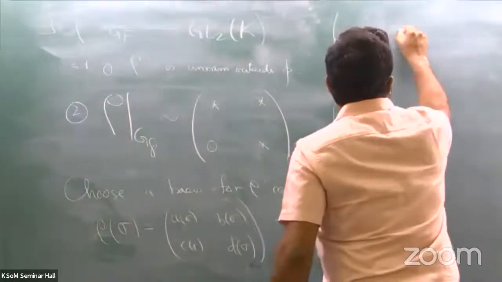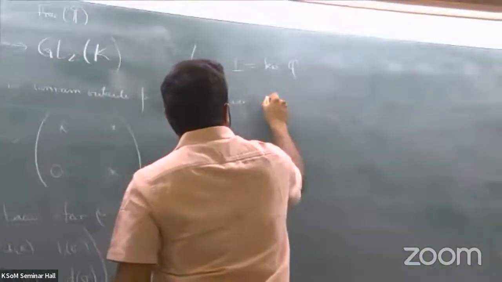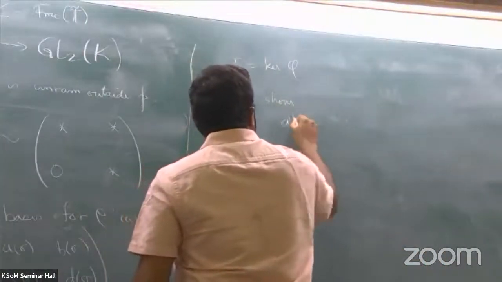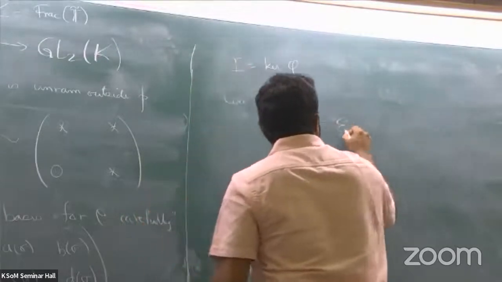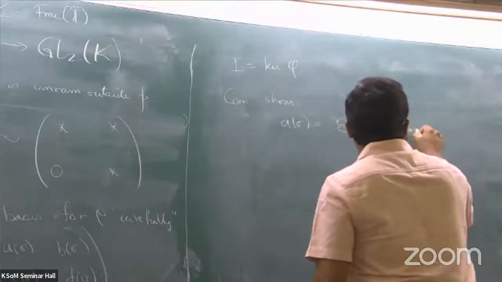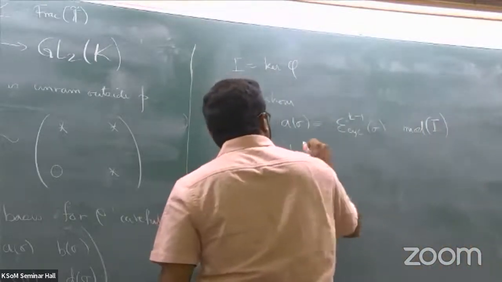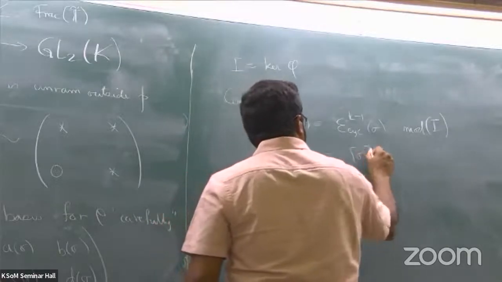So once I do that, I can tell you what B is. Let I be the kernel of phi. What you can show is that A sigma is congruent to the p-adic cyclotomic character to the -1 modulo I, and B sigma is congruent to a class of sigma.